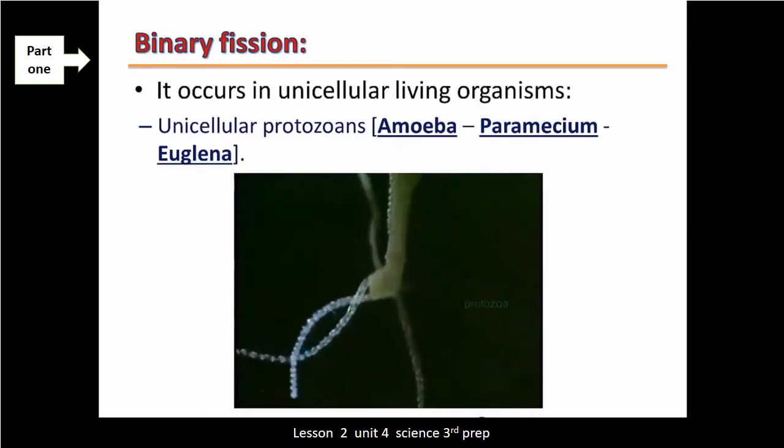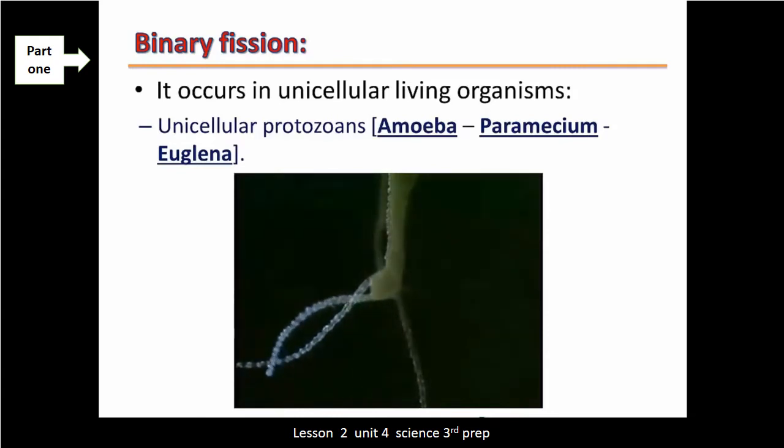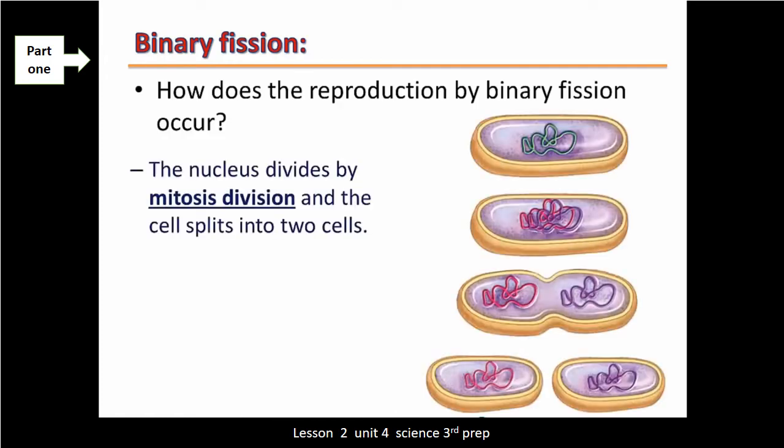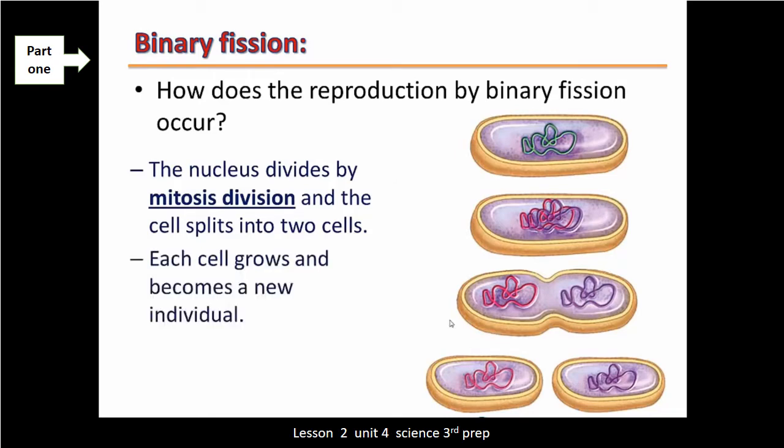They use binary fission for reproduction by the help of mitosis cell division. How does the reproduction by binary fission occur? As you can see, the nucleus divides by mitosis division, and the cell splits into two cells. Each cell grows and becomes a new individual.